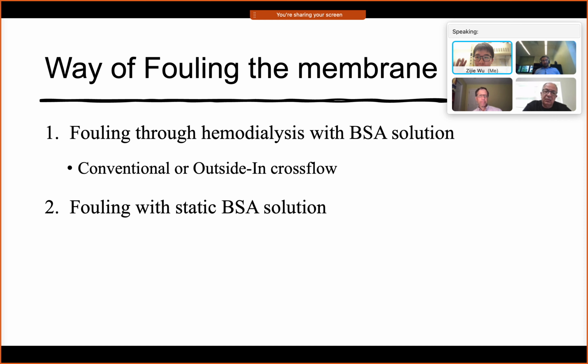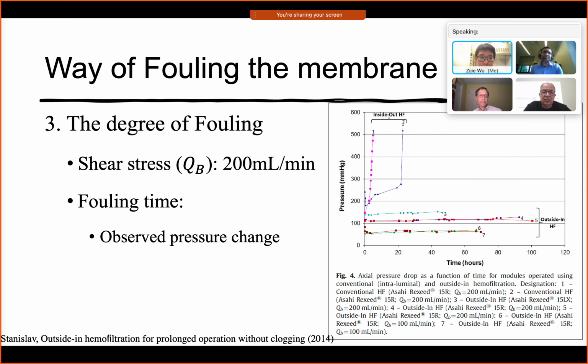There are a couple of considerations about pre-fouling the membrane. The first one is how the flow is closed, conventional or outside-in, or we can foul the membrane with a static BSA solution, and also the degrees of fouling, which will be affected by the shear stress, the flow rate of the blood, and also the exposure time.